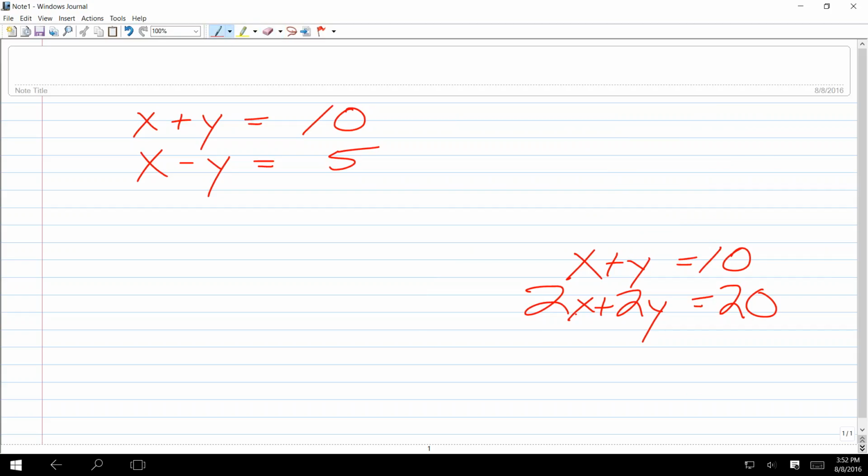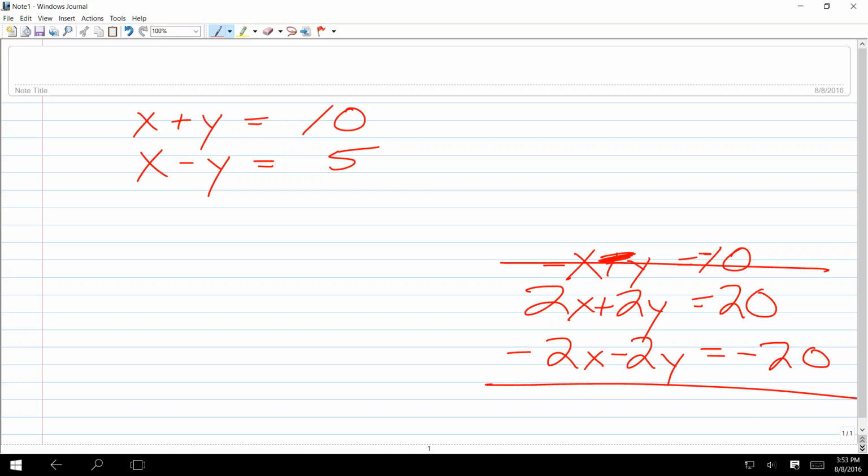Multiply the top equation by -2. If I multiply it by -2, now what do I get when I add the two equations? 0. 0 equals 0.